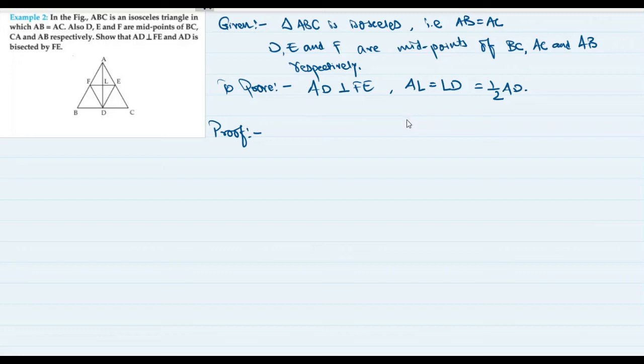So first of all, we have to prove that AD is perpendicular to FE. Okay, and we know that D is the midpoint of BC.